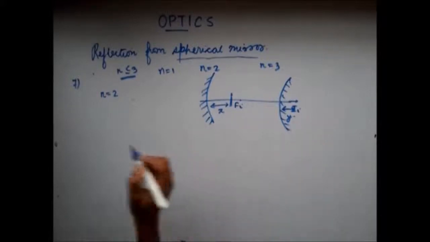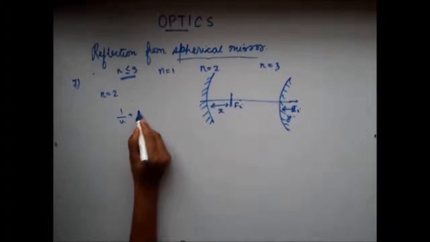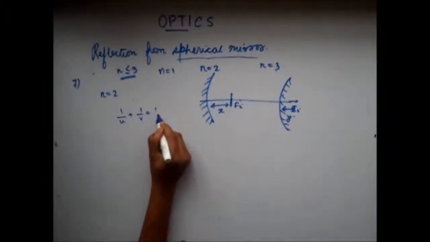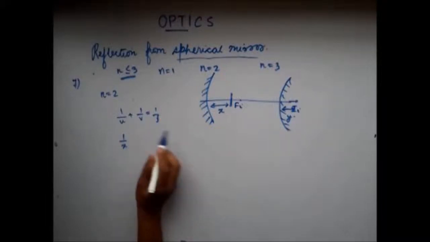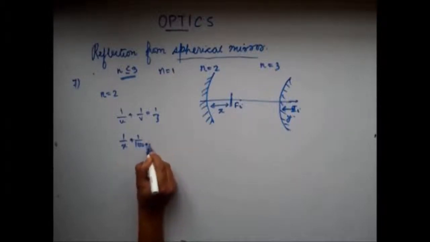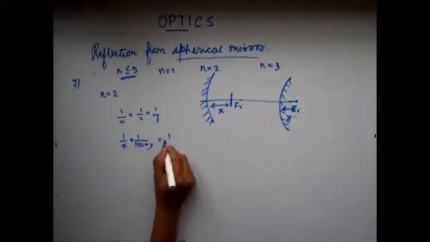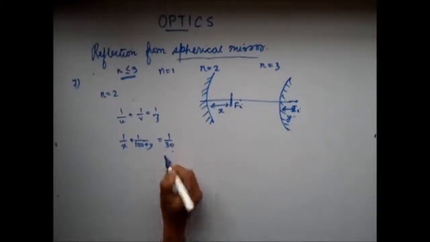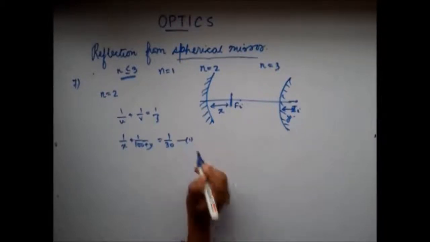So for the concave mirror, let me write the equation. 1 by u plus 1 by v is equal to 1 by f. That means 1 by x, u is positive, plus 1 by v, where v is 100 plus y, because v lies in the real space, is equal to 1 by 30. Focal length is also positive. Now, this is my first equation.